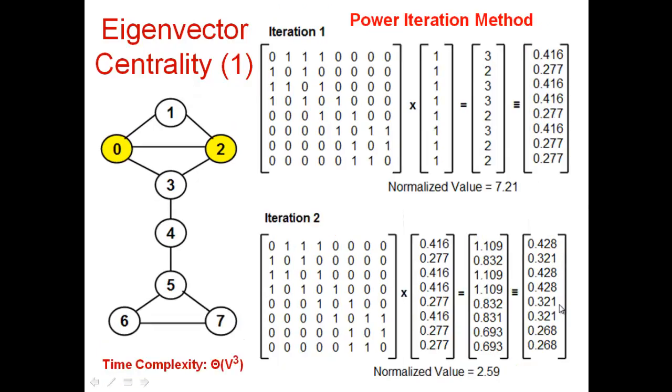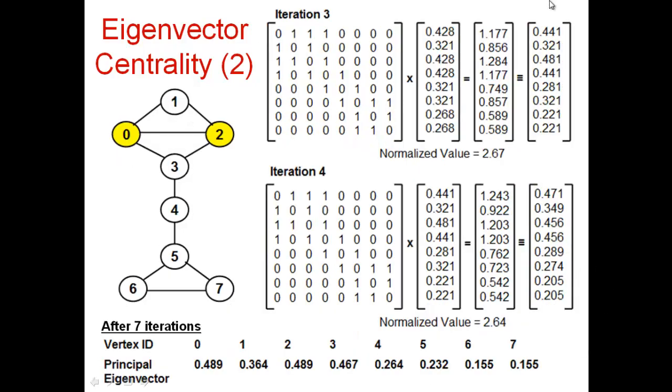Now you can see the entries in the column vector start converging; they are getting closer. That's actually the criterion we should use to stop the iterations: how close are the entries in the column vector that we get? But that can take a lot of iterations.